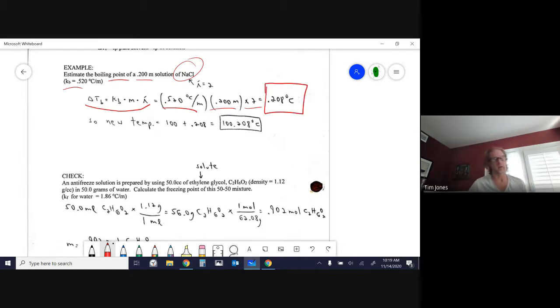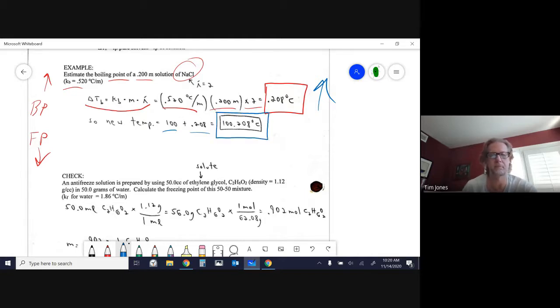Now you need to think, does this mean that it's going up by 0.208 or is it going down by 0.208? In the case of boiling point goes up, freezing point goes down, so that means that it would be 0.208 higher than normal. Well, in the case of water, it's normally 100, add 0.208, and so you can see it goes up a little bit, like that. We'll assume that the 100 is perfect.